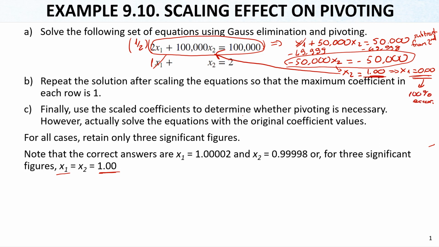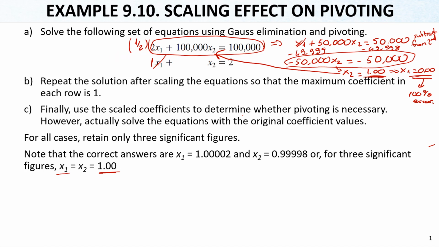for this one. So in the second part B, we repeat the solution after scaling the equations. So we simply scale these. What it means is that we want to have the largest coefficient in one equation to be 1. So here this is the largest, so we want to have this to be 1. So we simply divide each coefficient by 100,000.